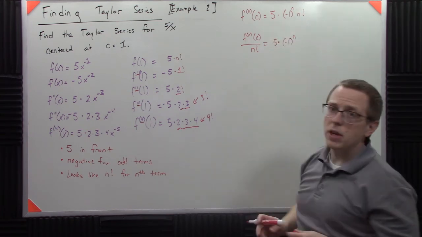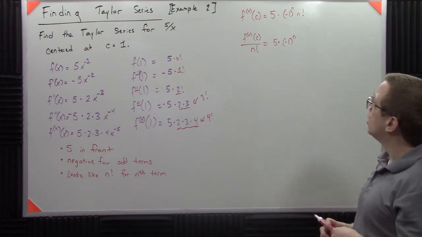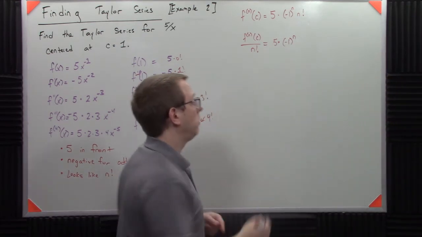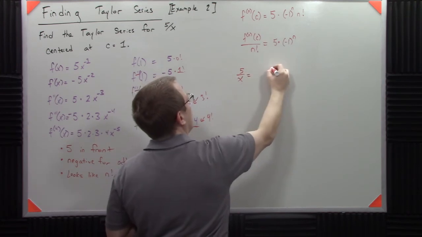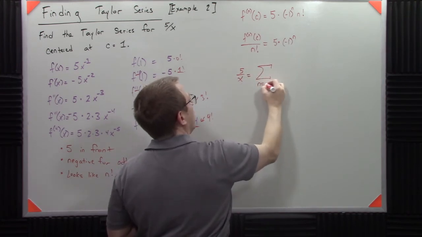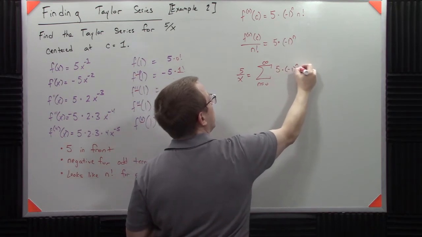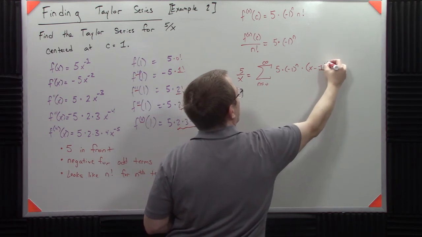So we get 5 times negative 1 to the n, at which point I can say my Taylor series has to be the sum from n equals 0 to infinity of 5 times negative 1 to the n times x minus 1 to the n.